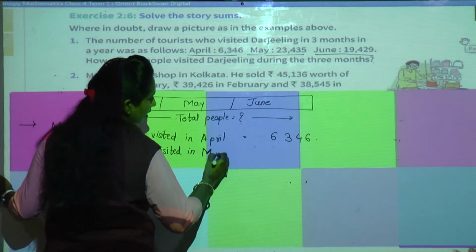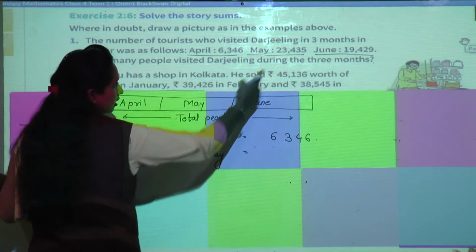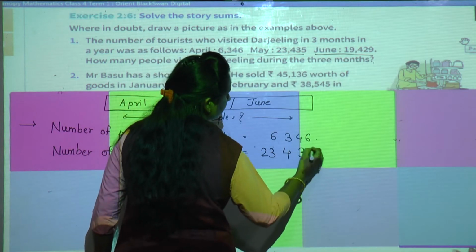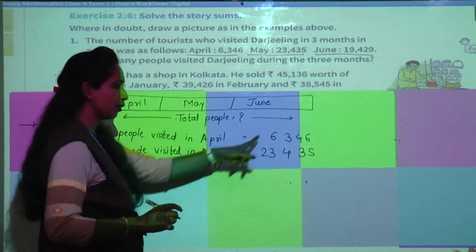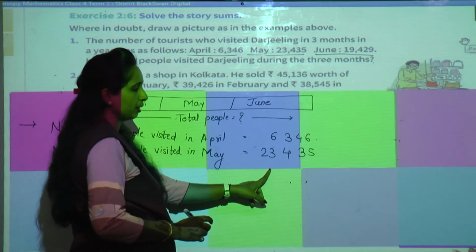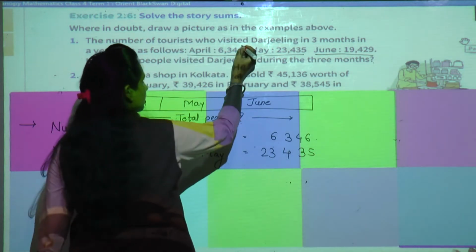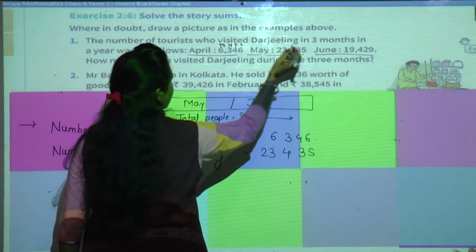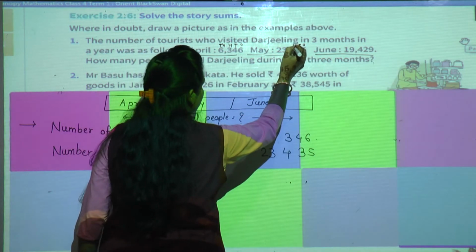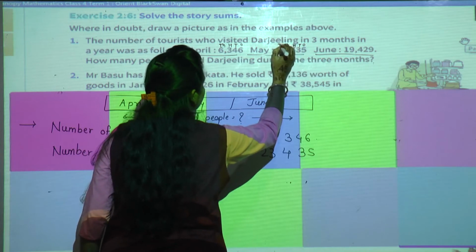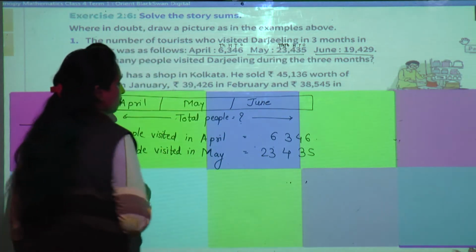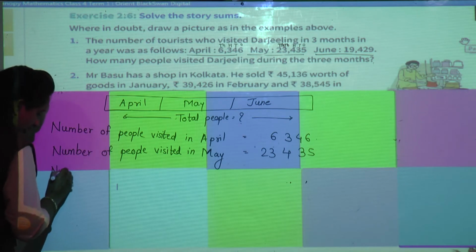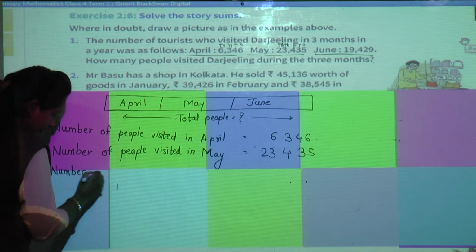How many are there? 23,435. See, here is a 4 digit number, here is a 5 digit number. Don't be confused. If you are confused, give the place values in the question itself and you can write the numbers properly. Okay, in this way.